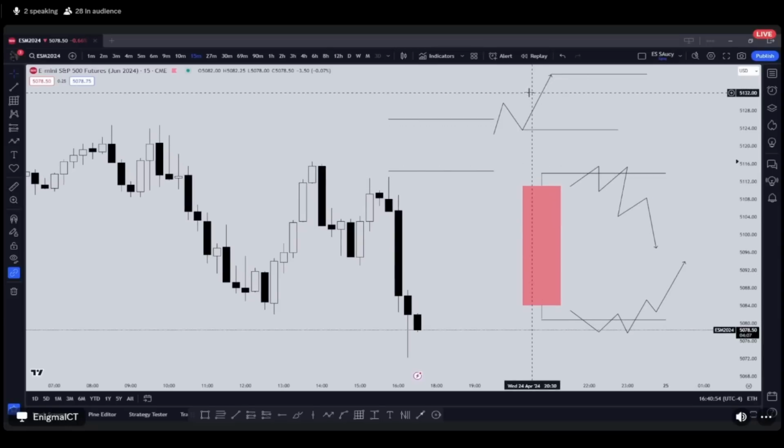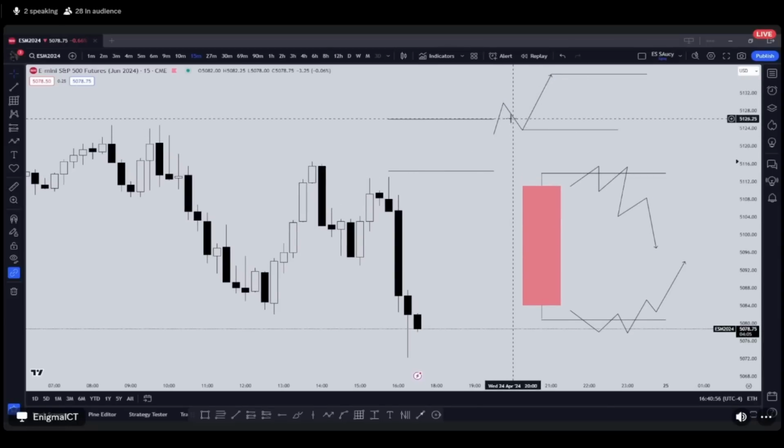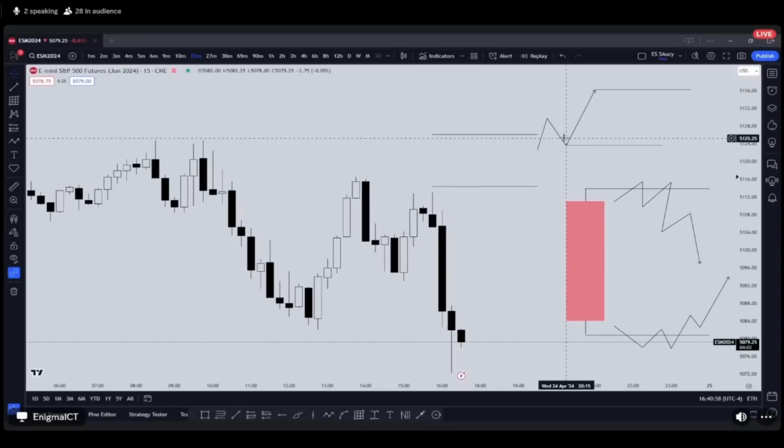And how do we identify this? There are several ways. You can tell if there's a PD array created here, an FVG, an order block, a candle close through. It could be anything, to be honest. But the easiest way to identify this is to go to a higher time frame.